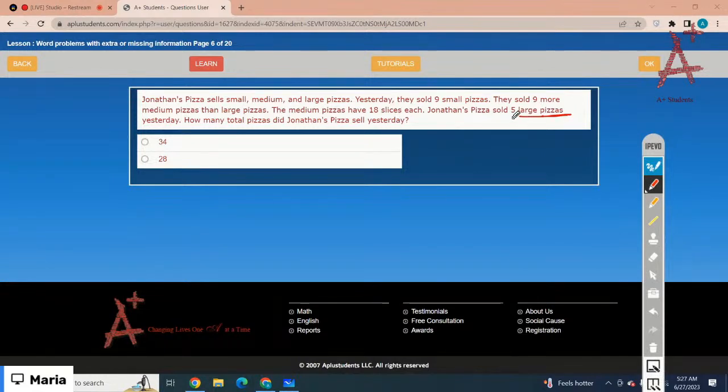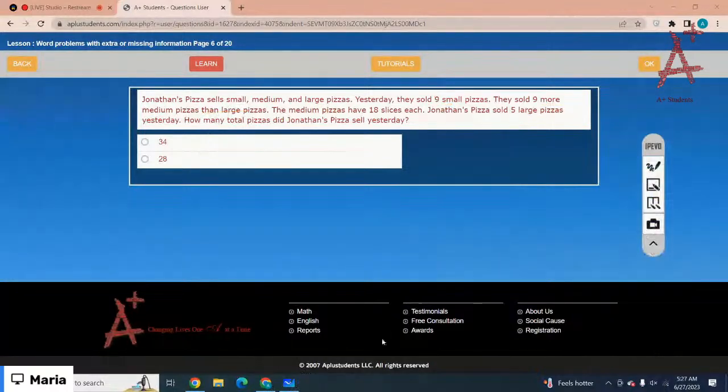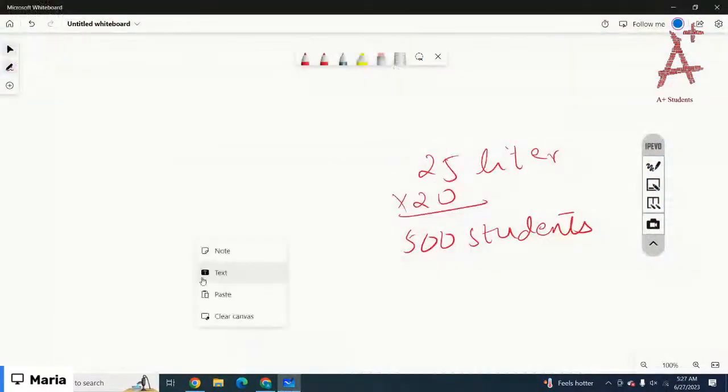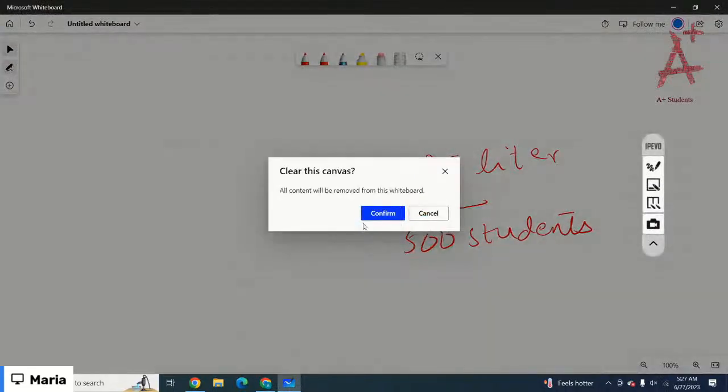The large pizzas he sold: 5. The small pizzas he sold: 9. Now you have to calculate medium pizzas. You can see they sold 9 more medium pizzas than large. So large pizzas are 5, so medium is 9 plus 5, because 9 more than the large one.